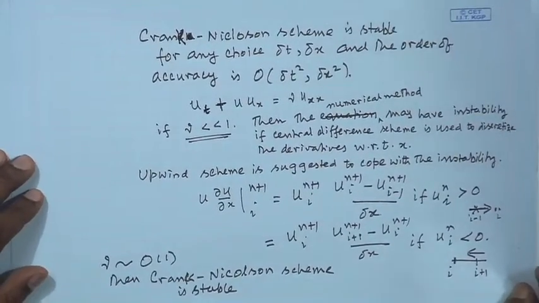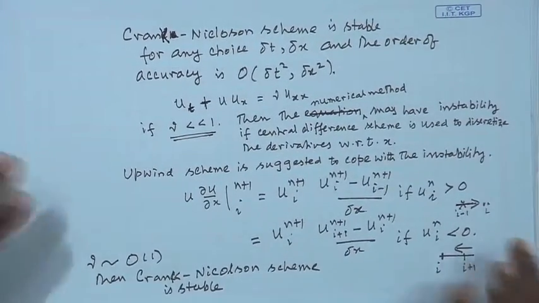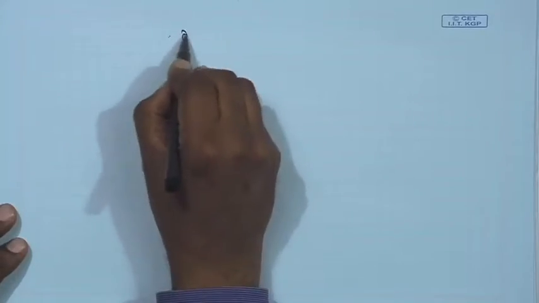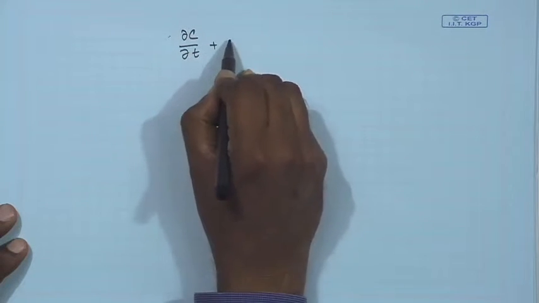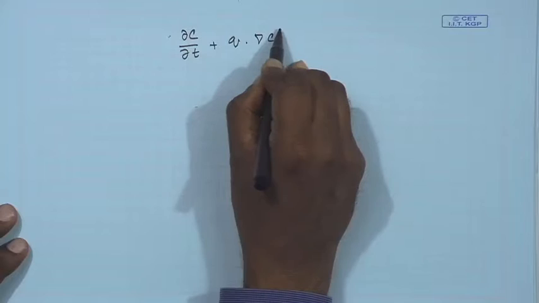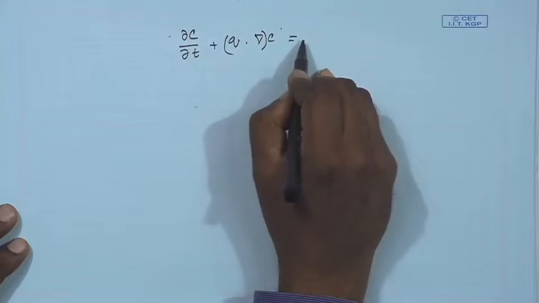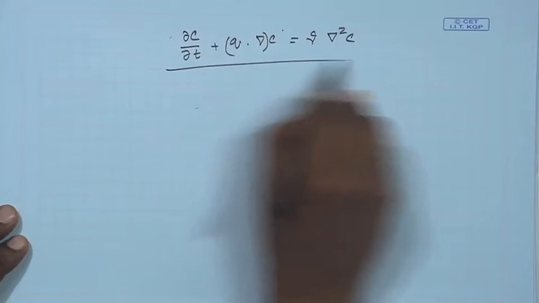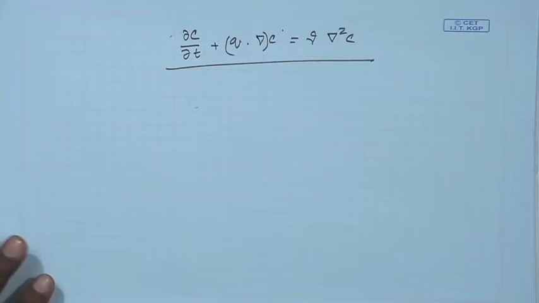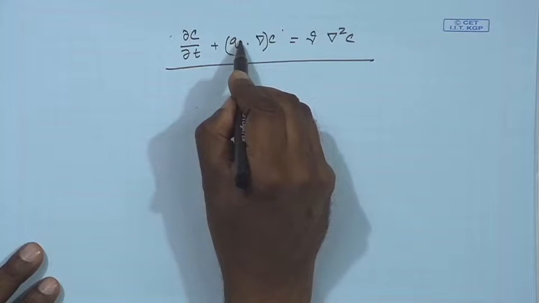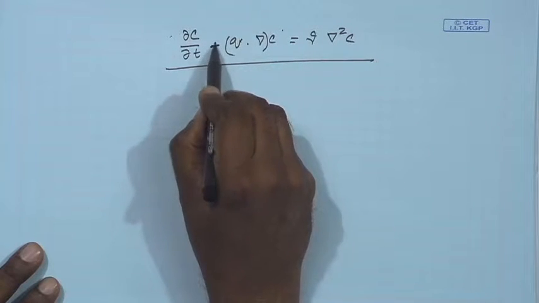Now, before stopping, so far what we have considered is that the space variable is a single variable, that means a variable of x only. Now, we can have a situation where, as we have already seen, the transport equation is del c del t plus q dot grad c equal to nu del square c. So, this is again the advection diffusion equation. This is the advection term, because of fluid velocity and solute transport, and this is the diffusion.